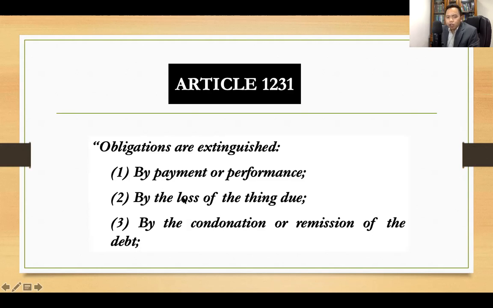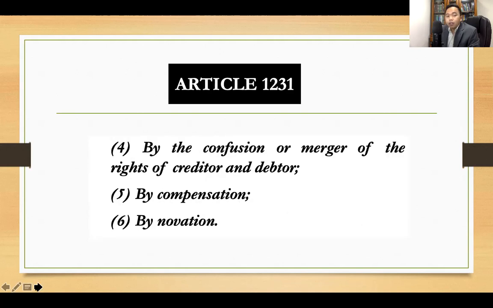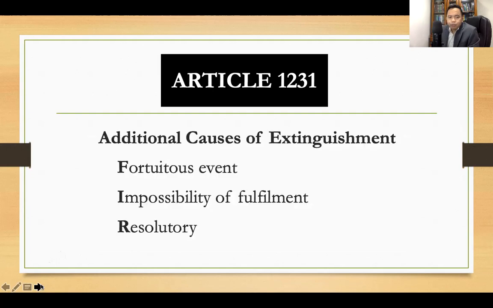Then condonation, remission of debt, we will go into details as we go along. And then confusion or merger of the rights of the creditor and debtor in one person. Compensation or set off and novation. Now, these are other additional causes of extinguishment.